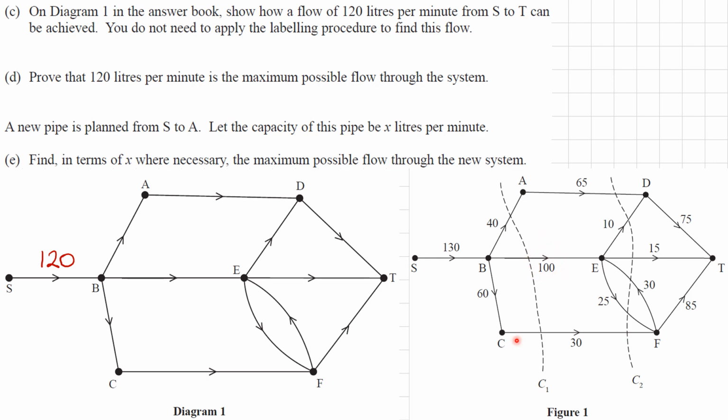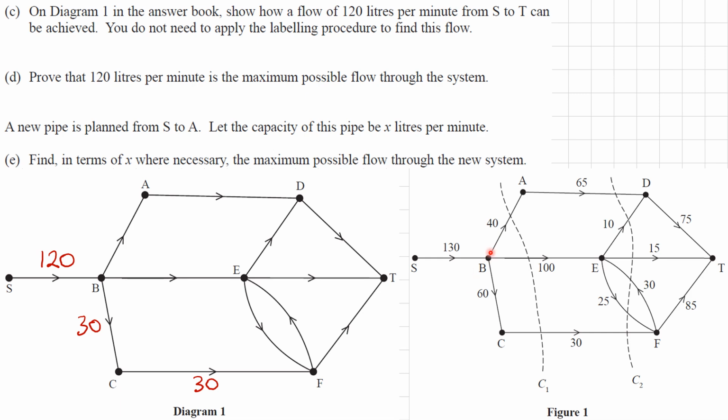Now we need to look along the network to see if we've got any restrictions. So although this has a capacity of 60, I'm limited to a maximum of 30 at this point here. So I'm going to put 30 on arc BC, which means the arc CF is going to be at capacity, so we'll put 30 there.